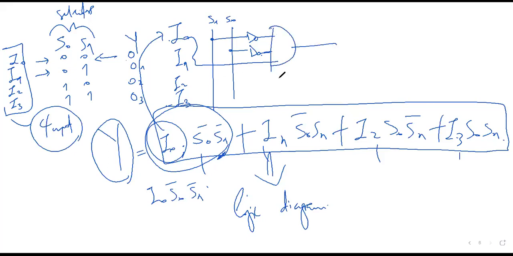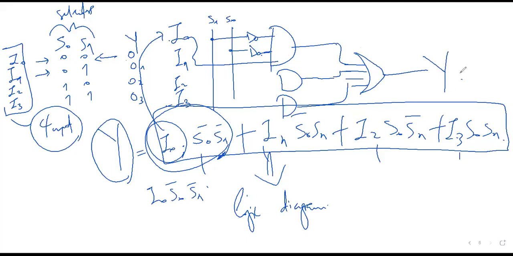I do the next one into an AND, the next one into an AND, and all of them are being added. They go into an OR gate, and I have Y. This will be my logic diagram. So if I don't have information here, I'll still get Y, which is the sum of the rest.